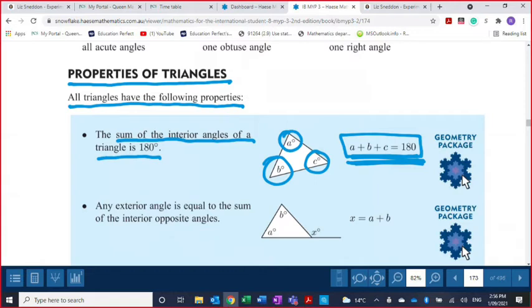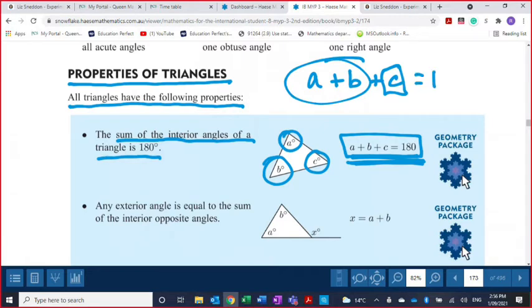Which means that if you know 2 of them, you could always find the other. So if you knew A and you knew B and you were looking for C, we could just make that an equation equal to 180 and solve it just like we did when we were looking for complementary and supplementary angles. Okay, so if you know some of them, then you can use a little math to find the last one with some algebra.